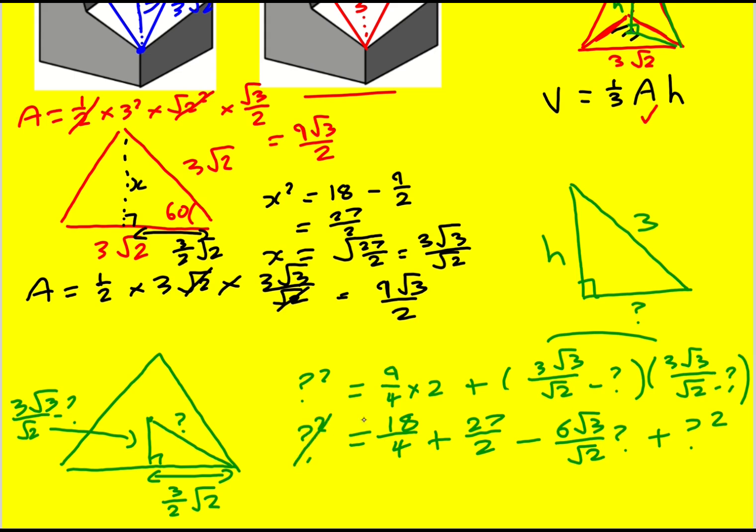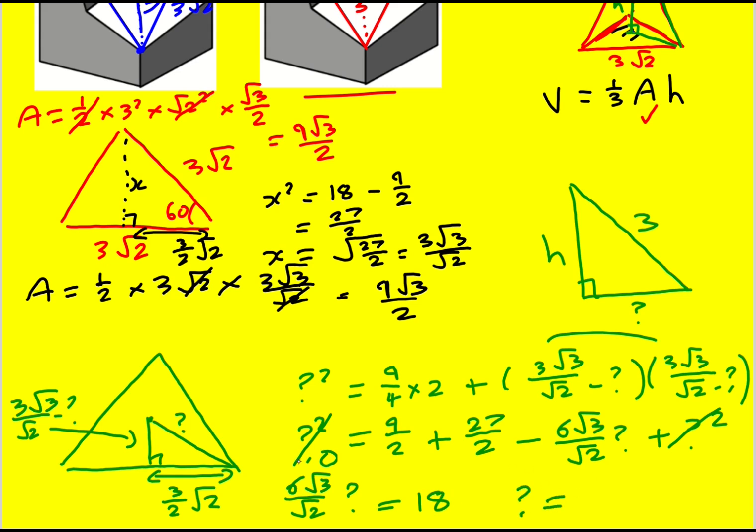So these two cancel out, and I've got 0 on the left-hand side. I can rewrite it as 6 root 3 over root 2 times question mark is equal to, put this over common denominator, 27 over, I can write 18 over 4 as 9 over 2. That's going to be the easiest thing. And that will become 36 over 2, or 18.